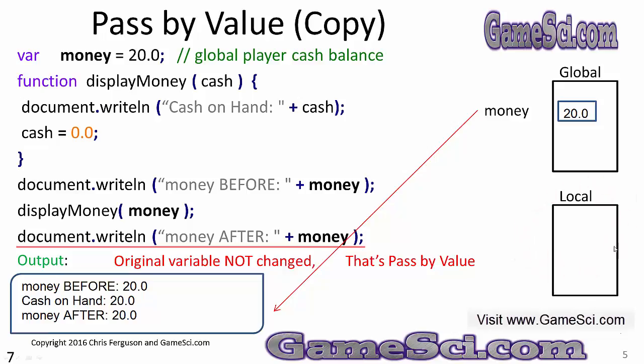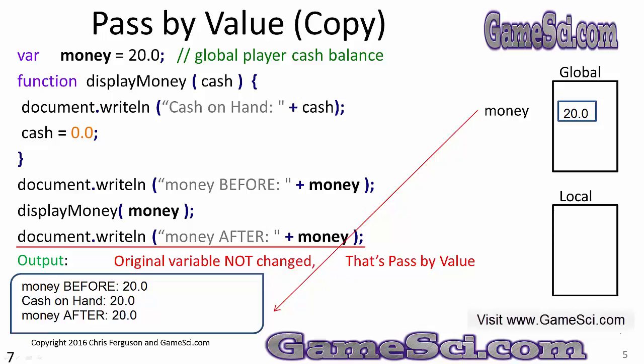What didn't change? The original parameter. We like pass by value because I can send this as a parameter, and if it contains 20 before the call, I guarantee you, it will contain 20 after the call. So when we print out money after the call, you can see the 20.0 showed up.